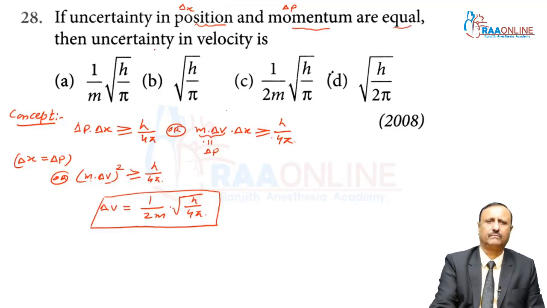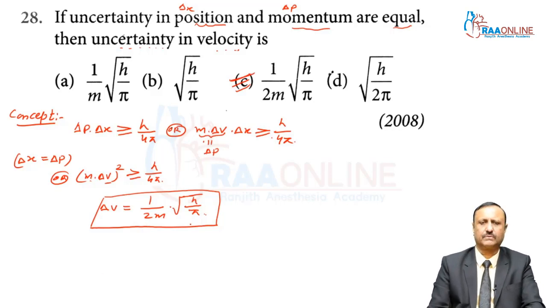Then we want the uncertainty in velocity. So you get 1 upon 2 m into root h upon pi. So C option is the correct answer. For question number 28, C is the answer.